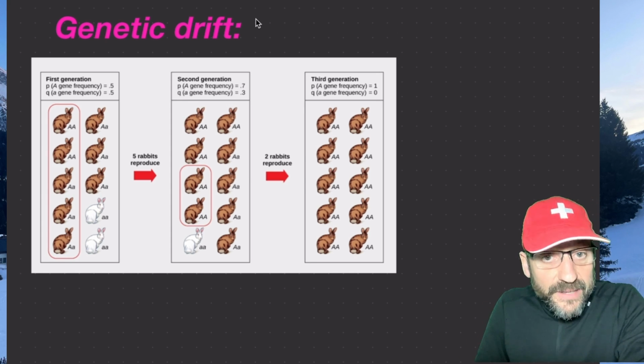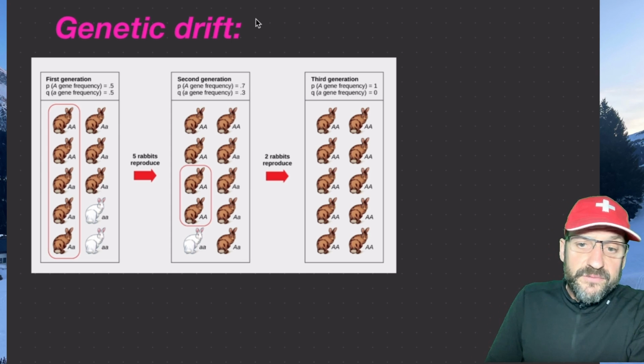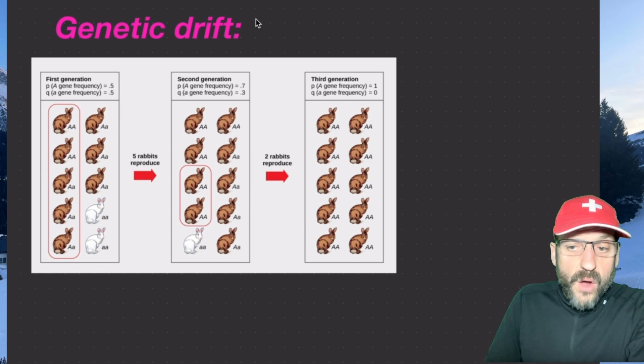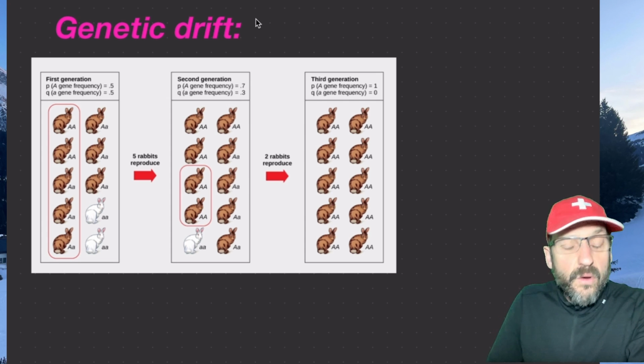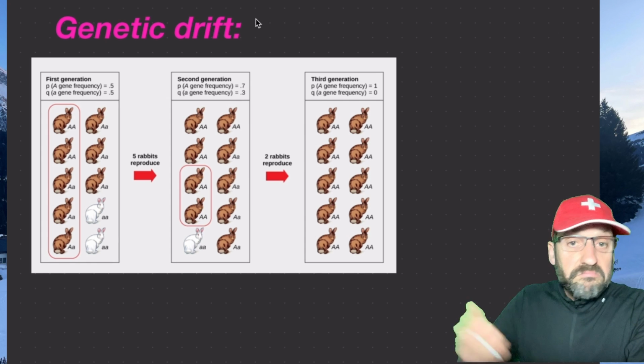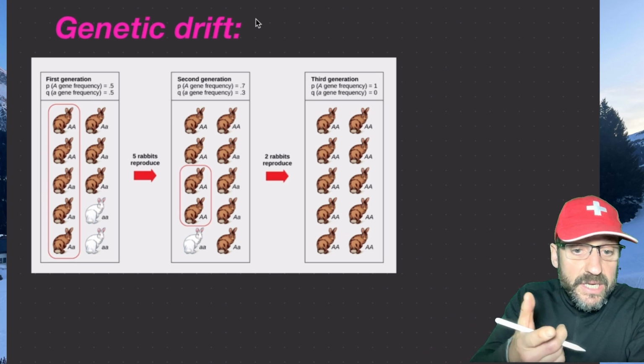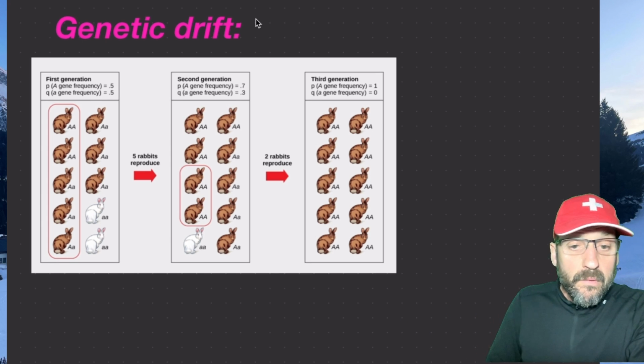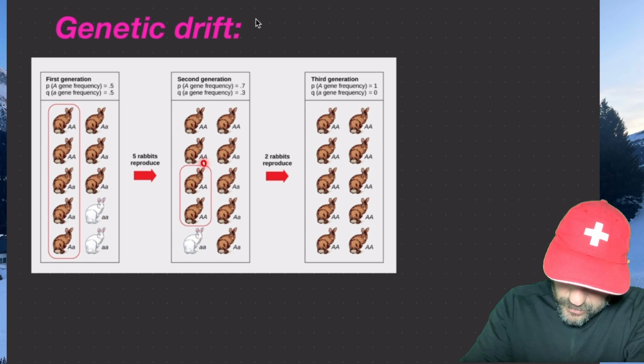Then in the next generation, the odds have shifted yet again, and over the long haul, the population might wind up all dominant or all recessive alleles, just by chance. See, in this example, only 2 rabbits reproduce. You see that here.